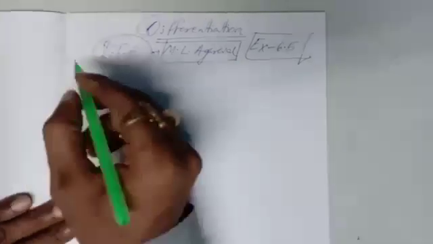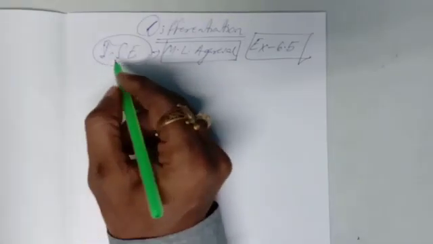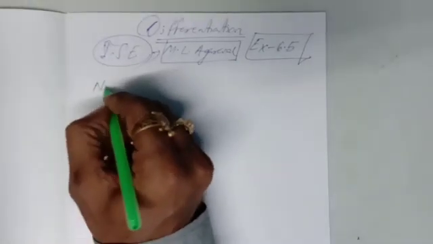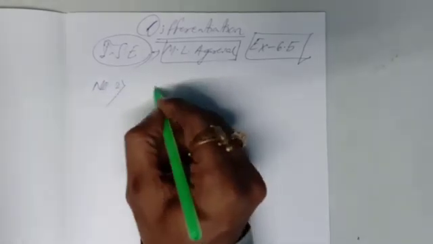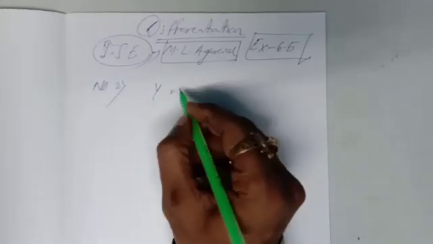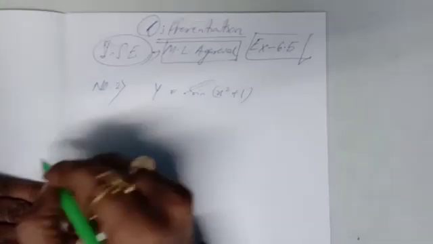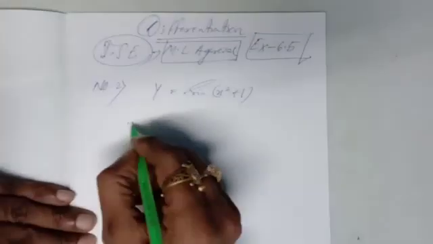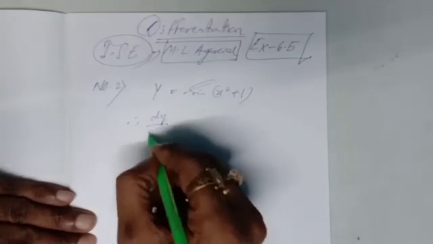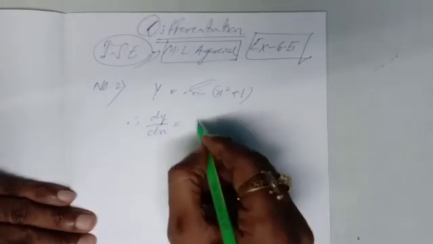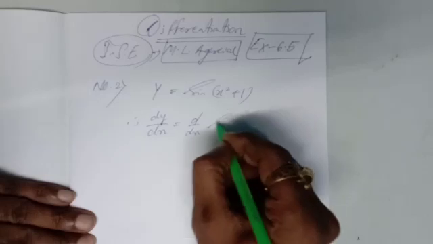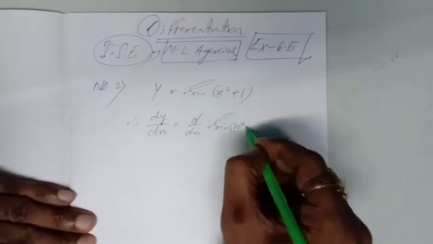I am writing question number 2. y is equal to sine of x square plus 1. Therefore, the derivative of y with respect to x is dy/dx of sine of x square plus 1.